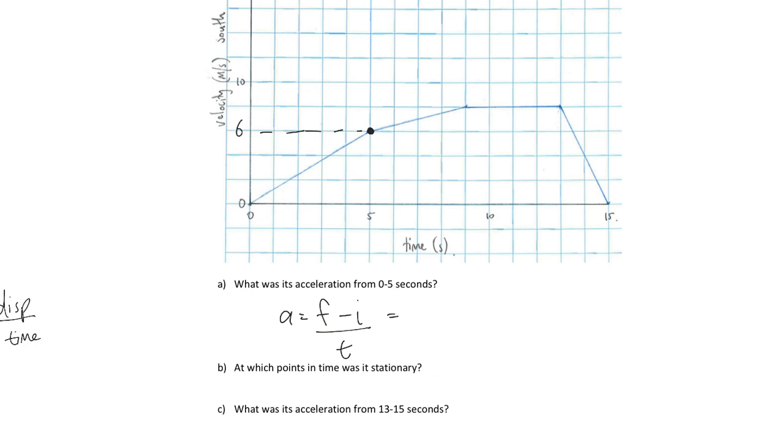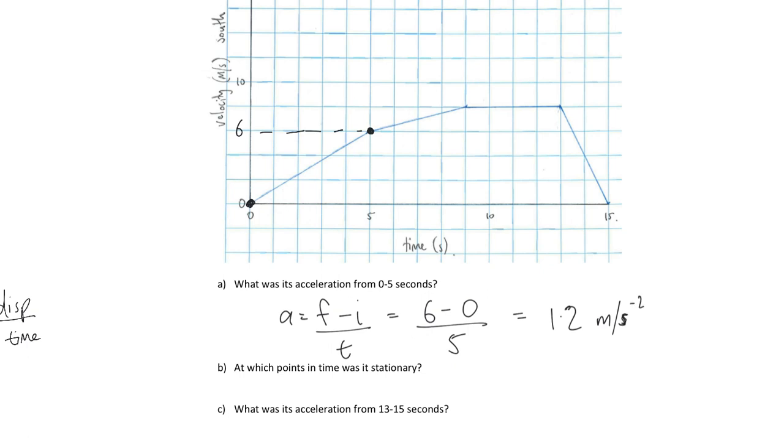All right, so you should see that there are 5 divisions between 0 and 10, and so therefore that's going to be a 6. So 6 take away 0 because they started at 0, over the time taken, which was 5, so 6 over 5 is 1.2 meters per second. Alternatively, I can write it as meters per second squared like that.